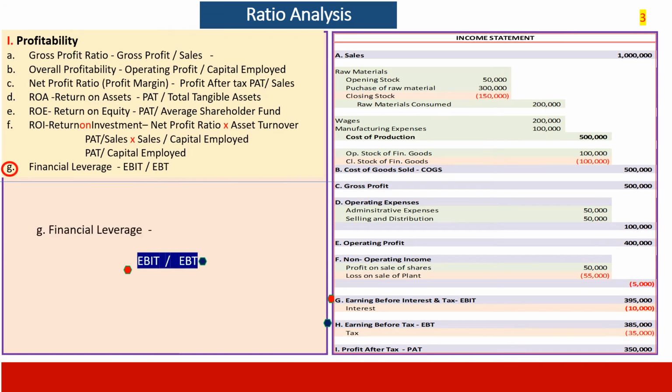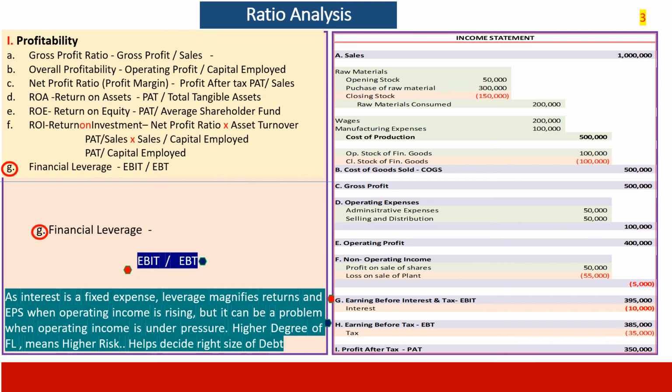We have the last one, financial leverage. Earning before interest and tax divided by earning before tax. This means this is without interest, this is after paying interest. Both are available. In our case, it is 395 and 385. What does the formula say? As interest is a fixed expense, this leverage is called financial leverage.